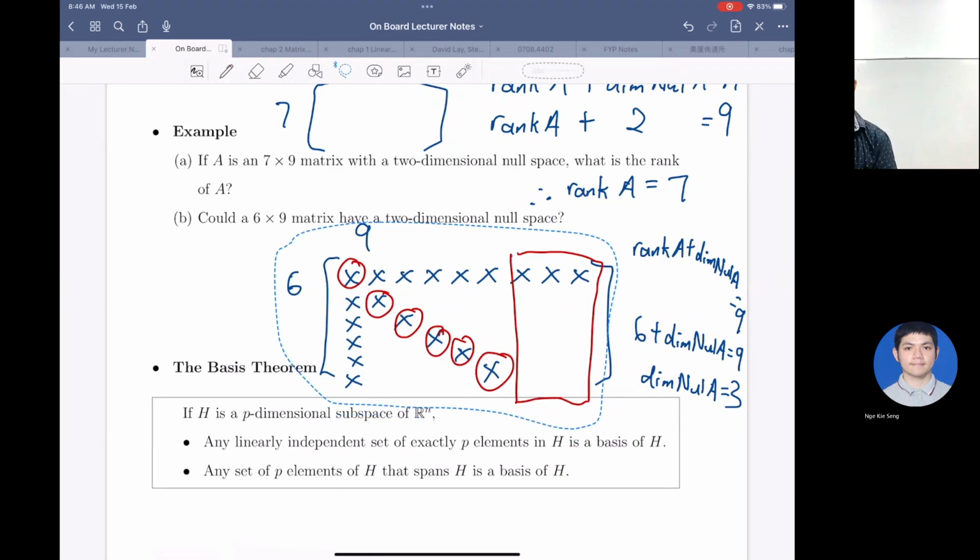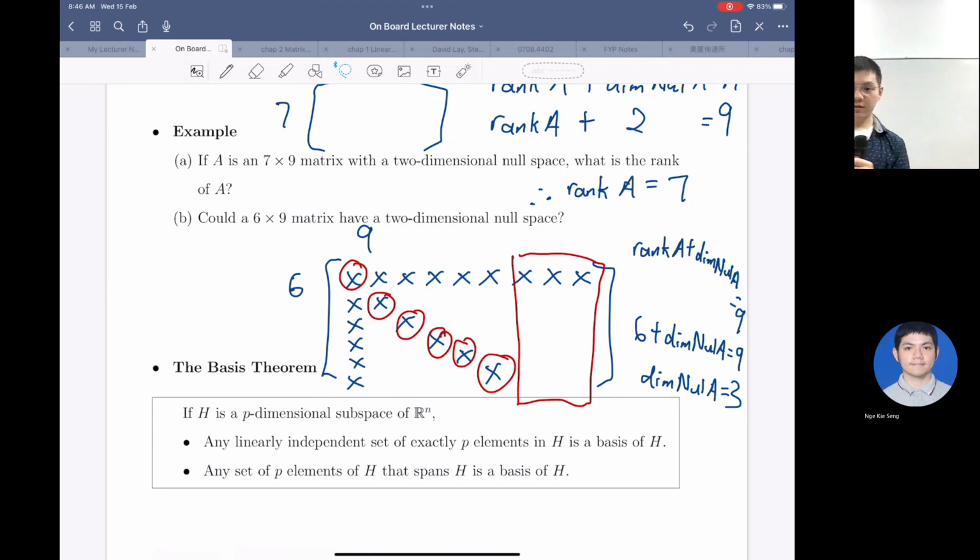Next is the basis theorem. So what's the basis theorem? If H is a p-dimensional subspace of Rn, meaning you have p vectors in your basis. So this theorem is telling you how to find the basis.